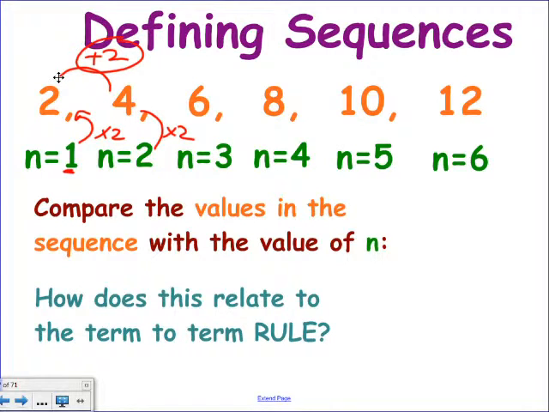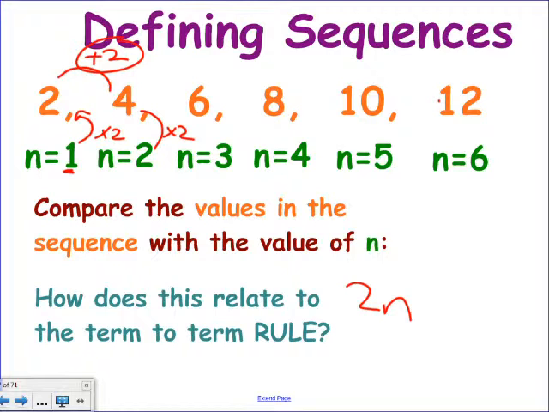And that's a relationship in mathematics. And what it means is, if I multiply my position, my letter n, by my rule, which is plus 2, I don't put the plus in, I just call it 2, it tells me what value's in that position. Look, if I go to my 6th term, so I swap the letter n for the number 6, 2 times 6 tells me the value 12 is there.